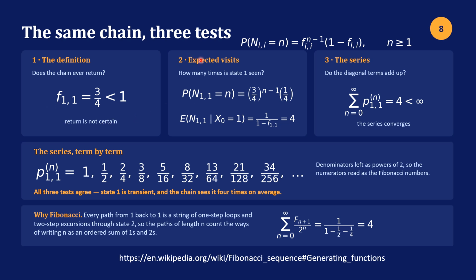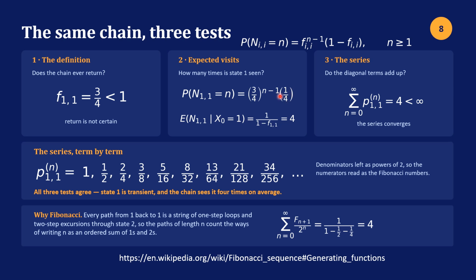Then we can go by expected visits. First we compute the distribution of returning to state 1, given that you start in state 1, n times, counting the initial visit. So you visit once when you start, and then you come back n-1 times. So each return is probability 3/4, and you raise that to the n-1 power, and then you leave after that.